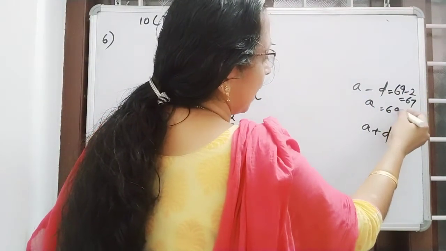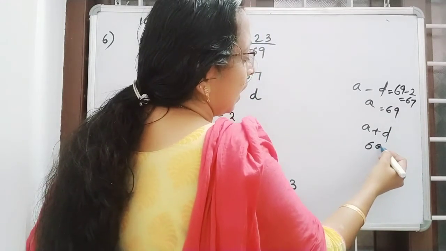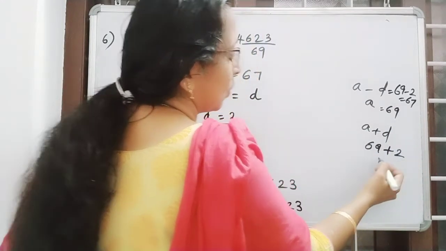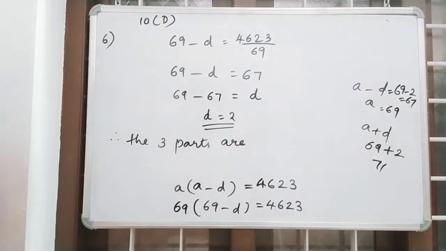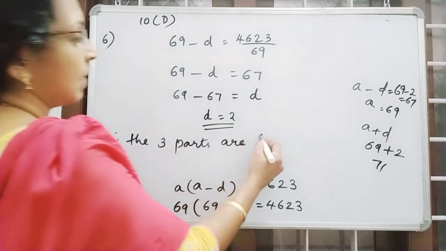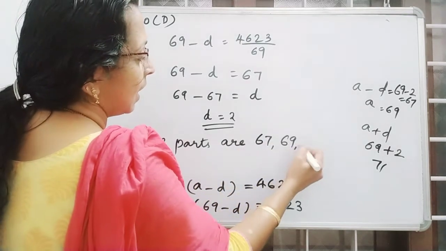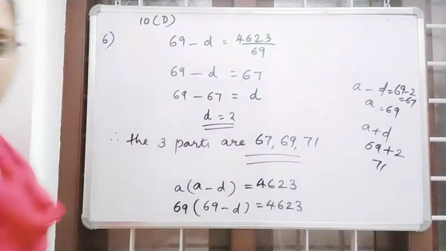Then A is 69. A plus D means 69 plus 2, so it will be 71. Therefore the 3 parts are 67, 69 and 71. So that is your answer.